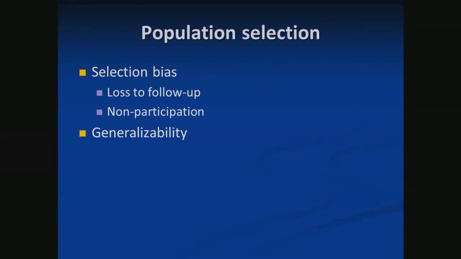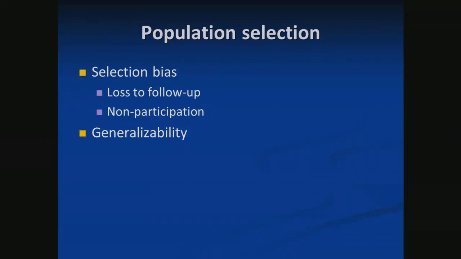We will talk about this when we talk about bias. We're going to have one class where we really delve deep into bias, confounding, causation. A problem, when a bias becomes a problem of selection bias, is when the loss to follow-up is related to the exposure and the disease, not to one or the other.